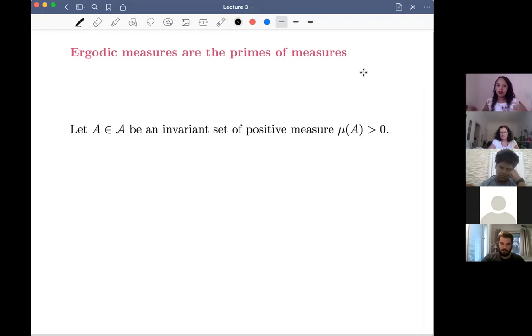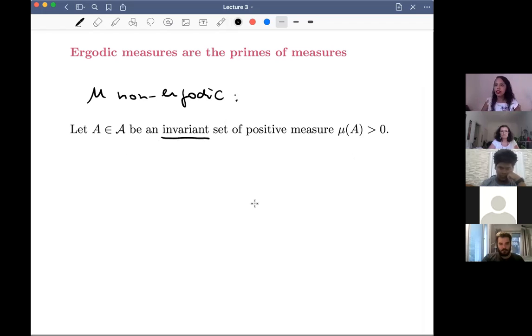Well, consider a set that is invariant and has positive measure. So it means that the measure is not ergodic. Take mu non-ergodic. Because if it's ergodic, this cannot happen. If it's ergodic, the measure of an invariant set is 0 or 1.